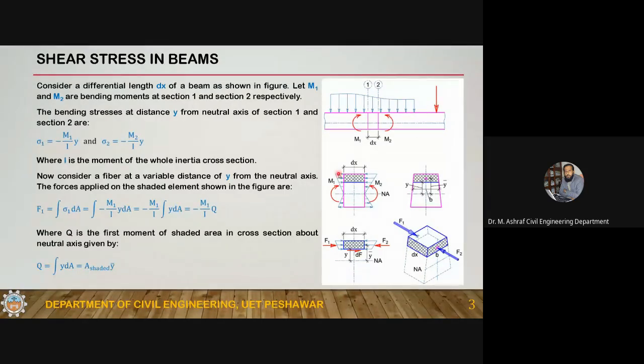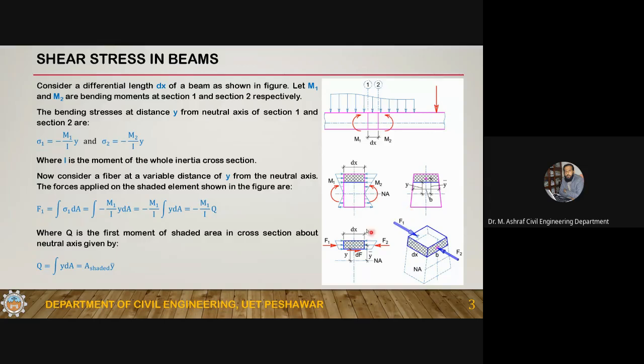Okay, so here you can see if a bending moment is applied at a certain section, flexure stresses are produced. And at a section where the moment value is M1, according to the flexure formula, the stress induced at any depth y, which I've represented with sigma 1 because this is at section 1, is sigma 1 = M1/I × y, where I is the moment of inertia of this whole cross section.